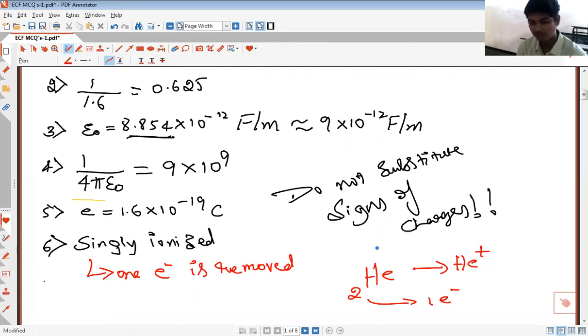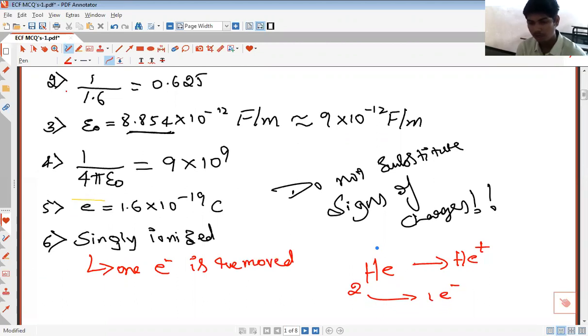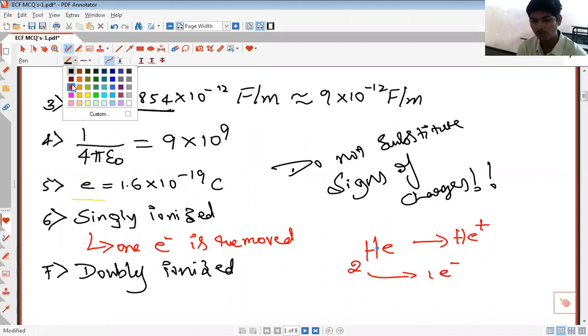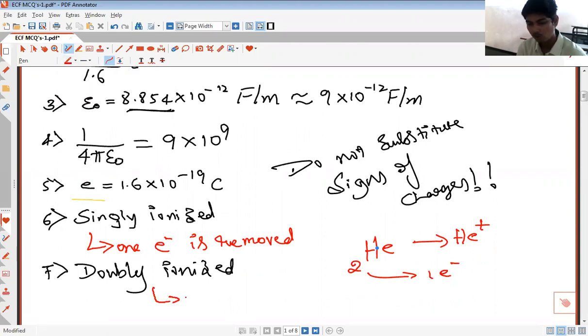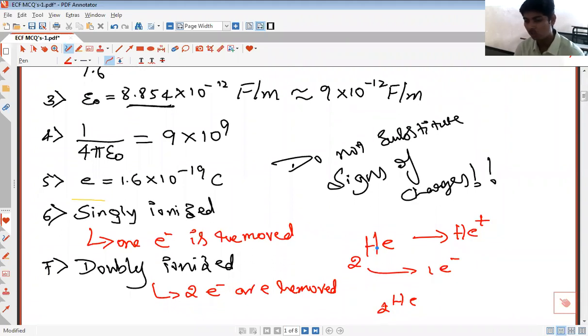Doubly ionized means two electrons are removed out of that particular atom. If we consider the same helium atom, in helium atom there are two electrons.